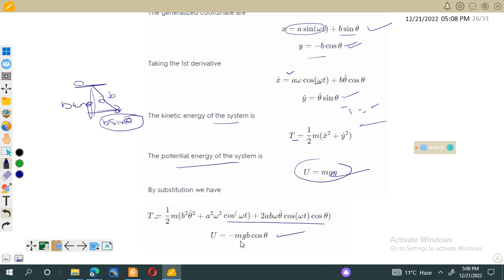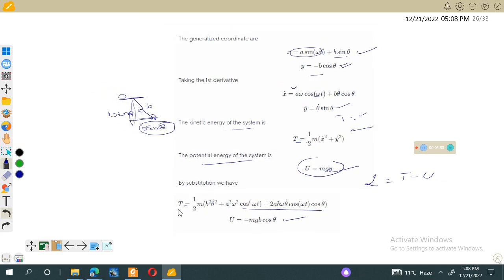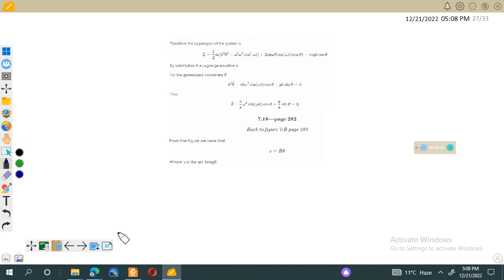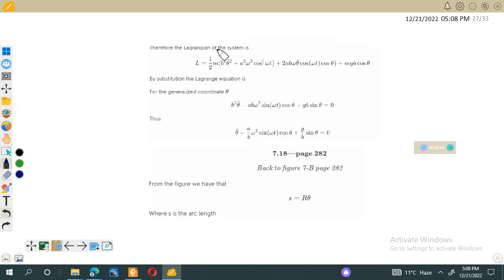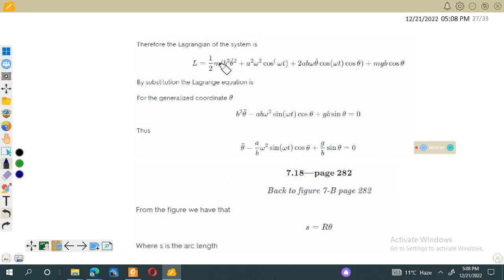Now at this point we have kinetic energy and potential energy, and we can find the Lagrangian, which is equal to T minus U.